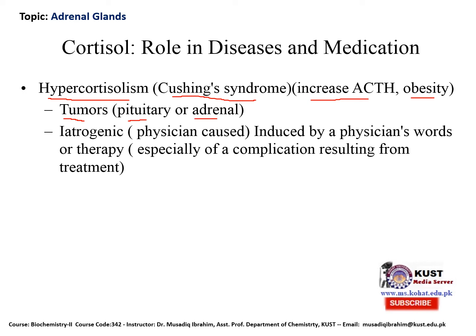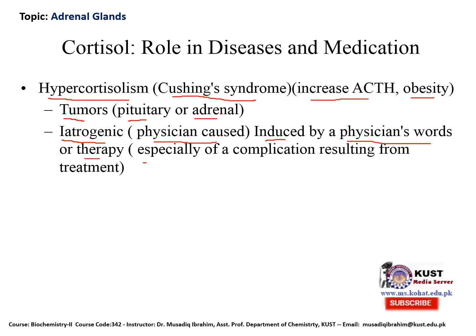There is another physiological condition which takes place as a result of hypercortisolism, which is known as iatrogenic, and this condition is physician caused, induced either by the physician's words or therapy.